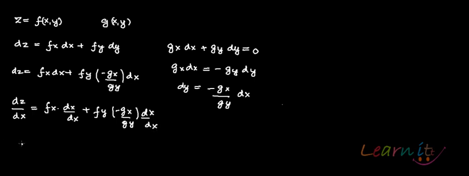So you can write this as dz by dx equals fx minus fy gx by gy. This is what you will have.